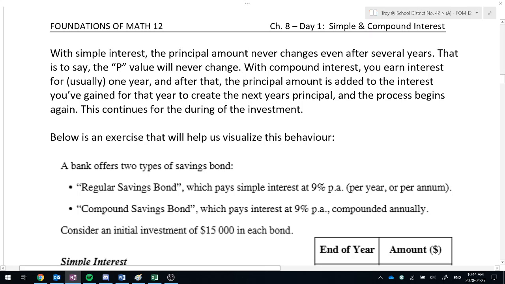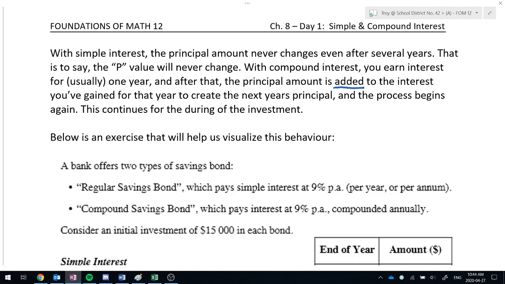So during the first year, you get interest as normal. But at the end of that first year, we take the interest that you've gained and we put that back into the initial amount. And when we add that new interest after 1 year to the initial P amount, we get a new P value for the next year. We get a higher P value.